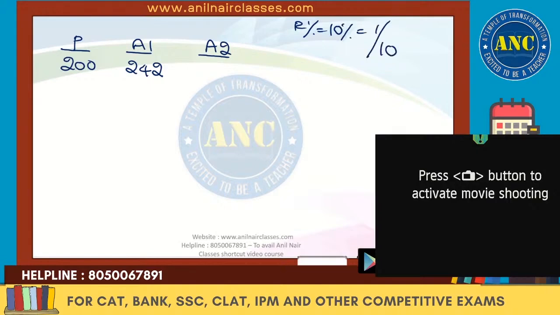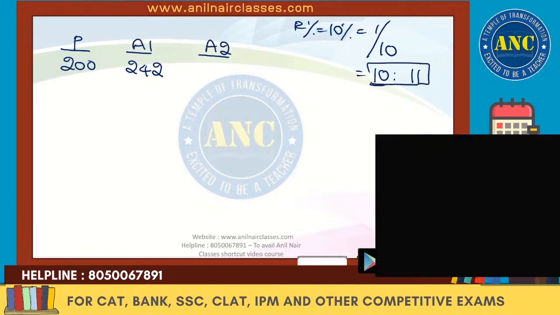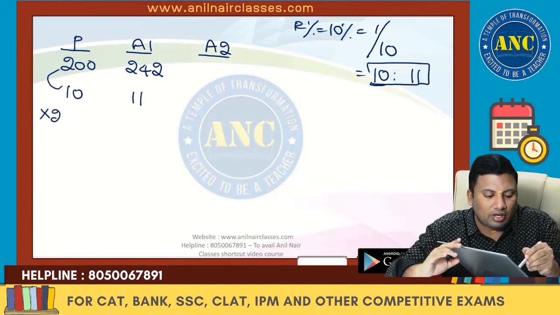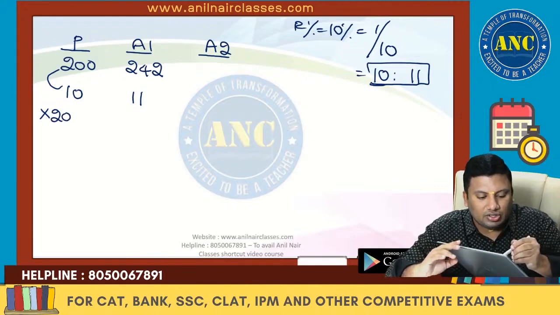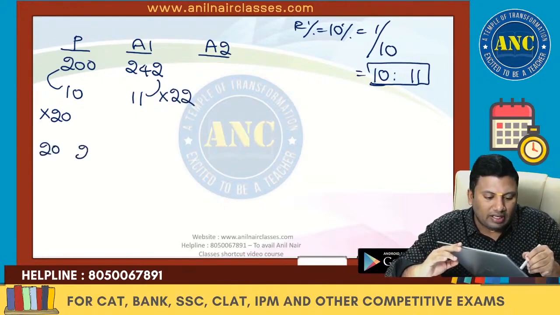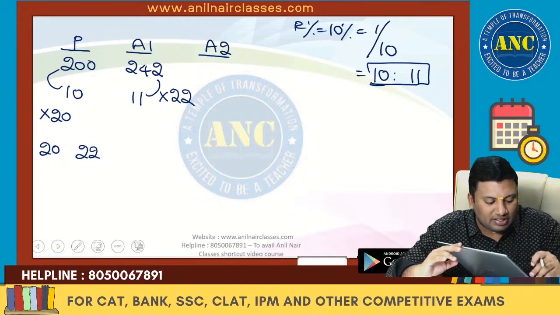Now if you see here, the initial value is 10, the final value is 10 plus 1, which is 11. The ratio that should be maintained is 10 is to 11. 10 twenties are 200, right? 10 is to 11. So this is nothing but 11 twenties, 2 twos are 242. Why? Because 20 and 22 I will simplify it further.